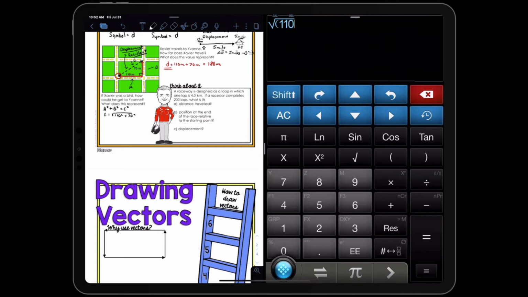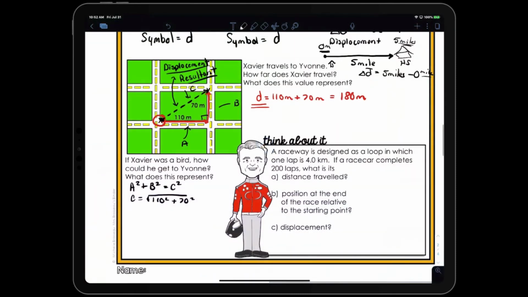So we have 110 squared plus 70 squared, and that's going to get you 130. That 130 represents the quantity for us to walk from this point over to that point right there. Now with every vector quantity, you have magnitude and direction.